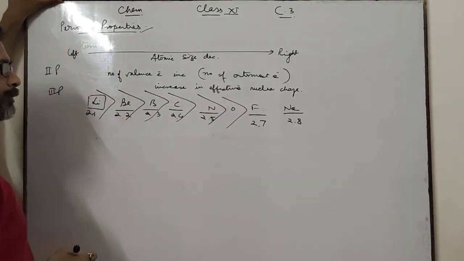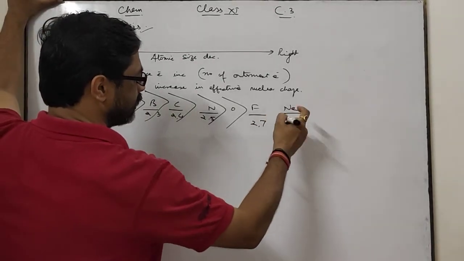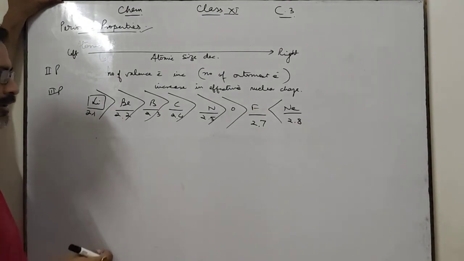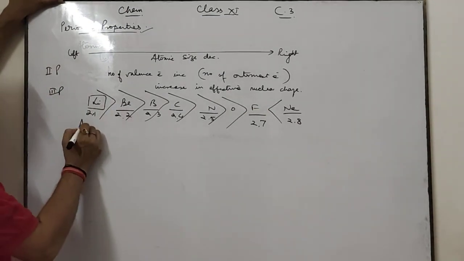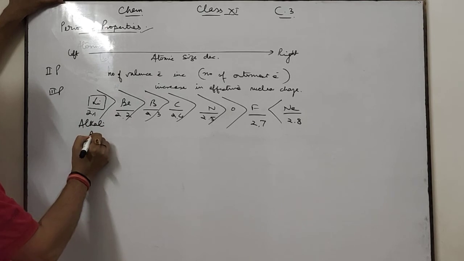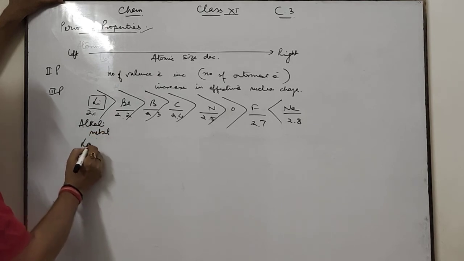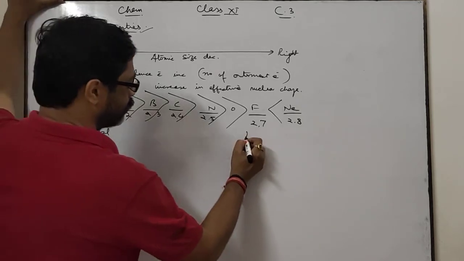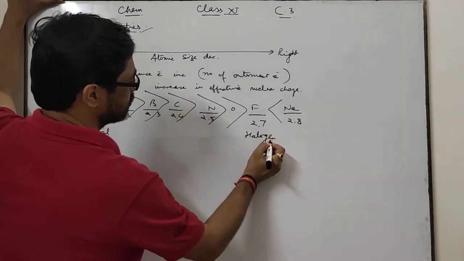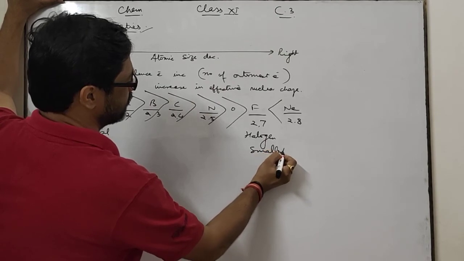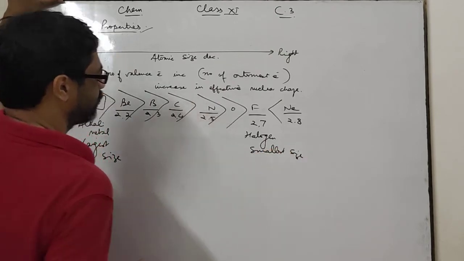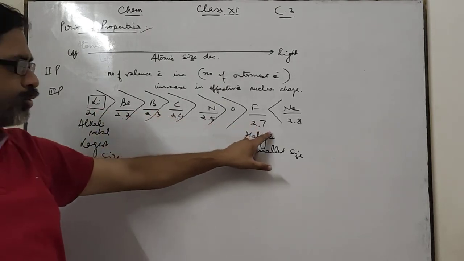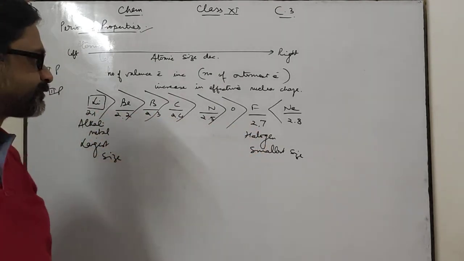But in noble gas, the atomic size is slightly larger than halogen. You can say the alkali metal has the largest atomic size and the halogen has the smallest atomic size in any period.